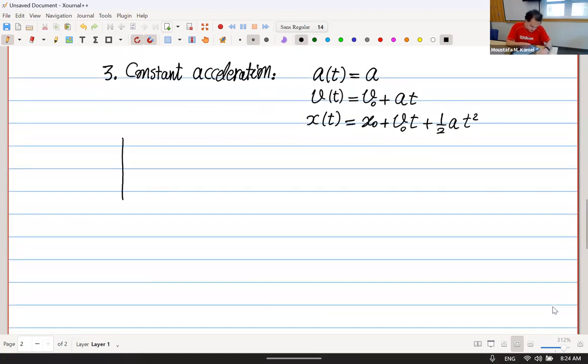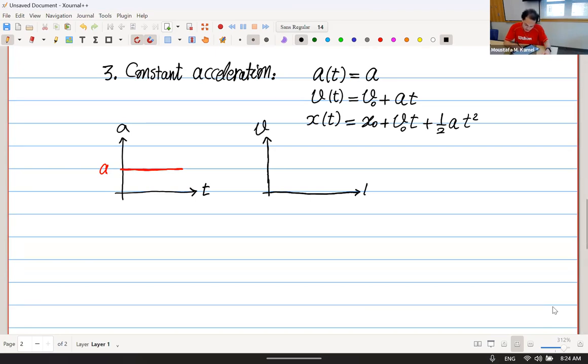So let's draw acceleration versus time again, as usual. Assuming acceleration is positive, assuming the object is accelerating to the right, the change in velocity is to the right, not the motion itself. So assume this value is a, then this is just a horizontal straight line, because the acceleration doesn't change at any point.